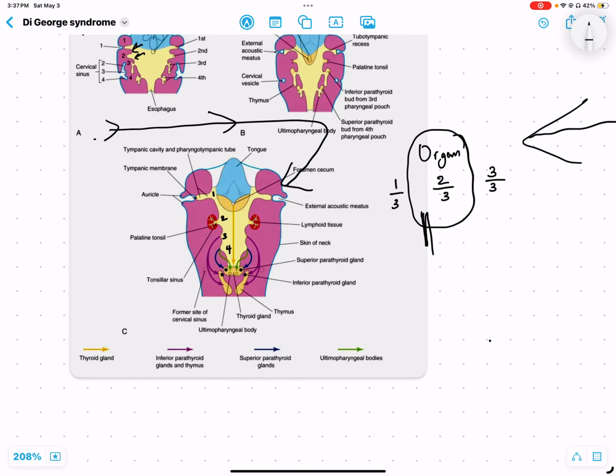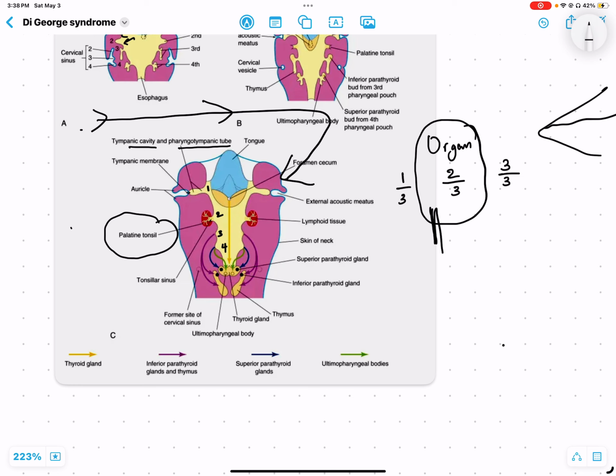Now I have already numbered here. The first pouch gives the pharyngotympanic tube and tympanic cavity. The second pouch gives the palatine tonsil. The third one, you can see the arrow, descends downwards to give you the thymus.